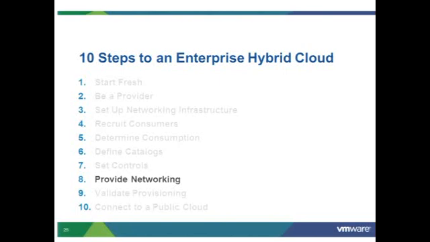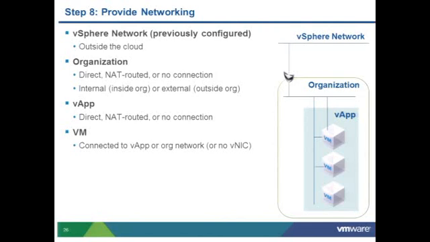So we're up to step 8 now, provide networking. So earlier we talked about networking outside and inside the cloud. Outside the cloud, it just maps to an existing vSphere network port group. Inside the cloud, we have these layers of options. At the most basic building block, we've got VMs.